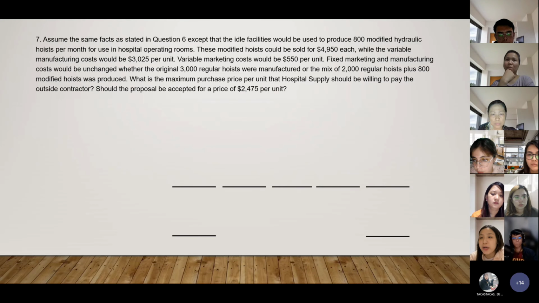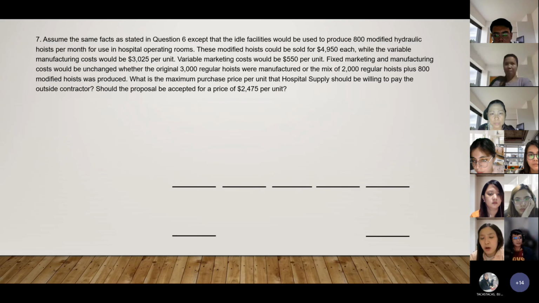Variable marketing cost would be $550 per unit. Fixed marketing and manufacturing costs would be unchanged, whether the original 3,000 regular units were manufactured or the mixed 2,000 regular hoists plus the 800 modified hoists were produced. What is the maximum purchase price per unit that hospital supply should be willing to pay the outside contractor?